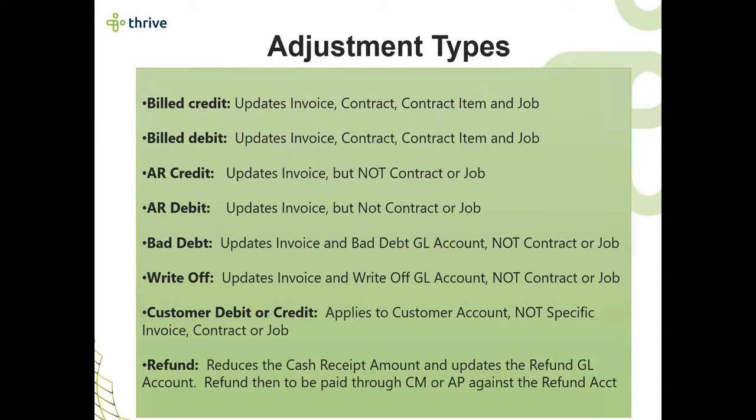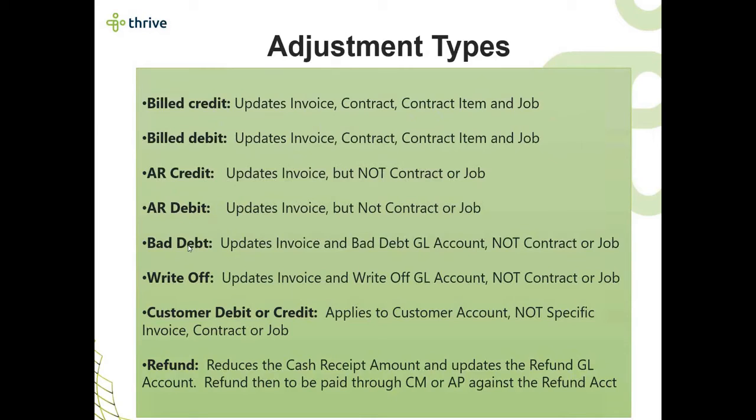But if you put in an AR credit of $500, it's just going to reduce the invoice value down by $500. But as far as the contract and job goes, they're still being invoiced for that full $1,000. It's unusual if you need to use those, but that's the difference between AR debit and credit, and bill debit and credit.